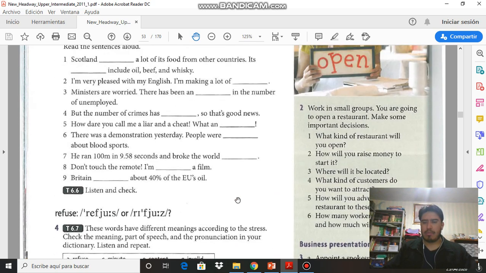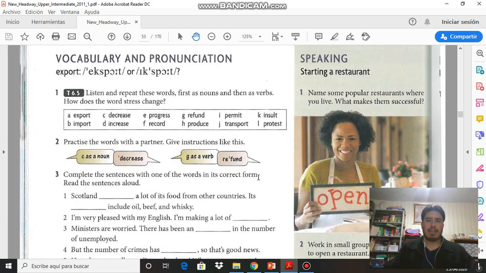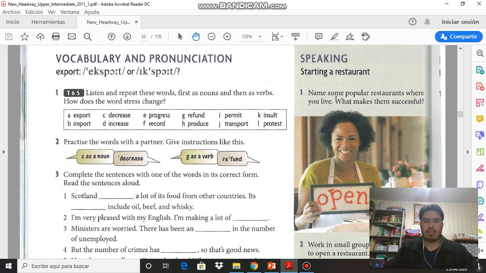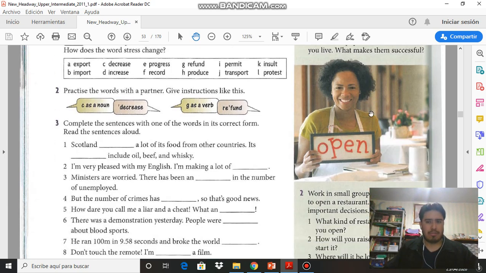And well, the last part of this lesson is about a class debate. We're going to work in teams, actually the same teams that you get into for the final presentation. And we're going to be talking about studying a restaurant. We're going to, for example, remember and identify some of the most popular restaurants around where we live and what makes them successful.